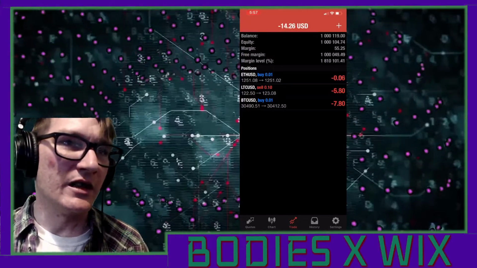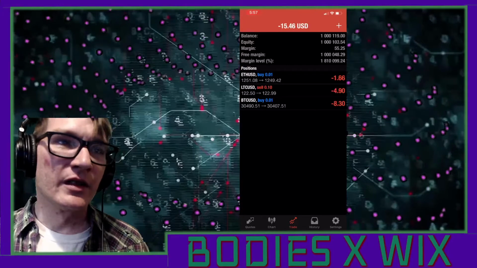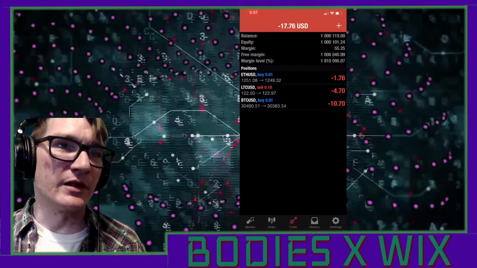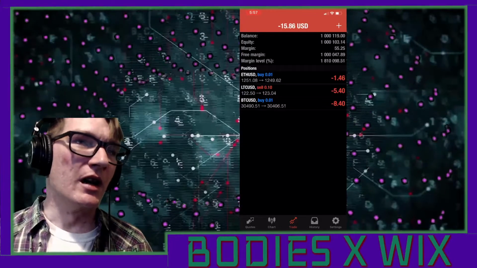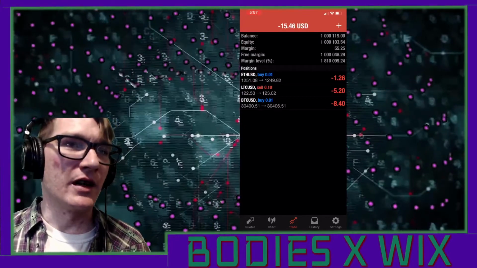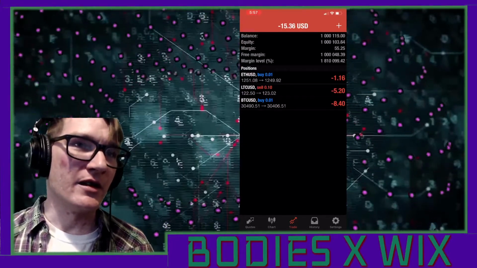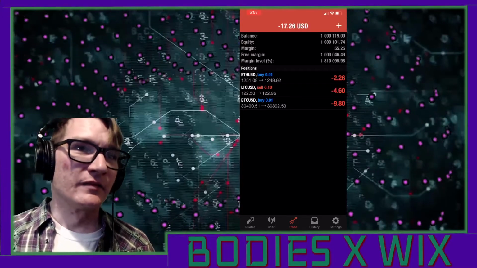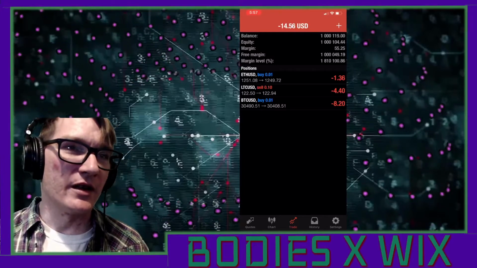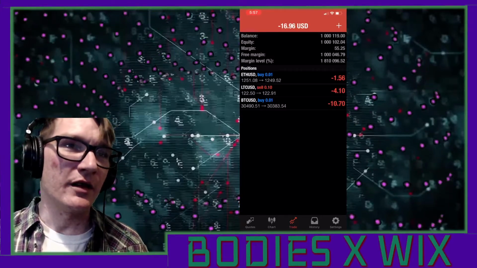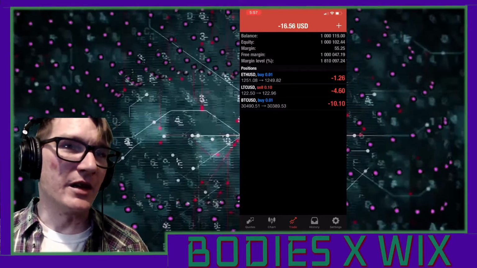And if you hit close, you do. And as you can see, the balance went up. The reason the balance went up is because we closed in the positive. So we actually made money on that one lot trade, the one that we were $300 in the negative on at first. We got above the spread of just $3 on Ethereum, so we made money on that.